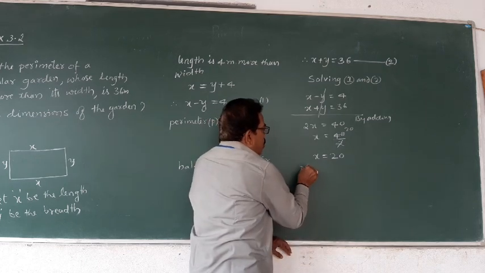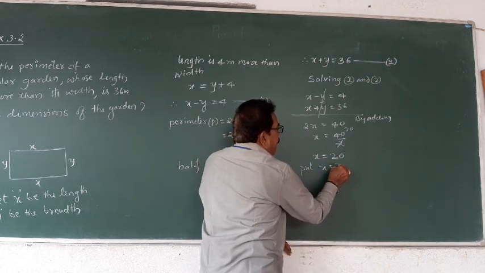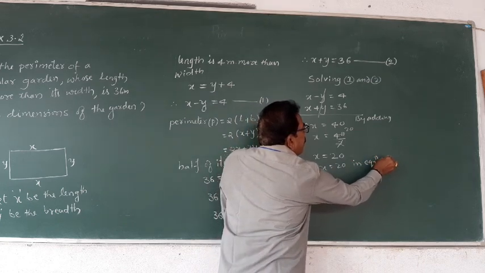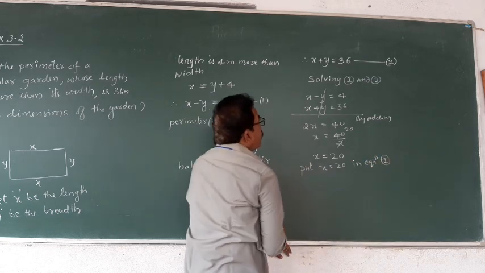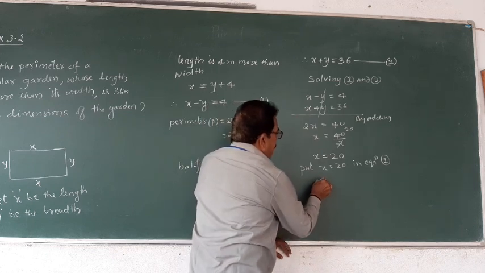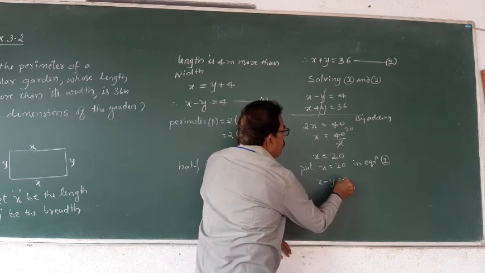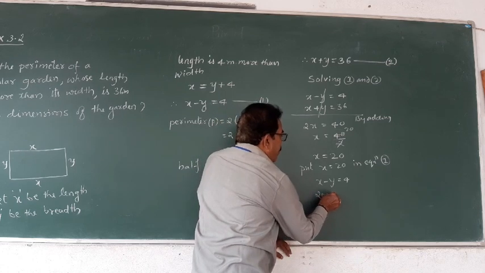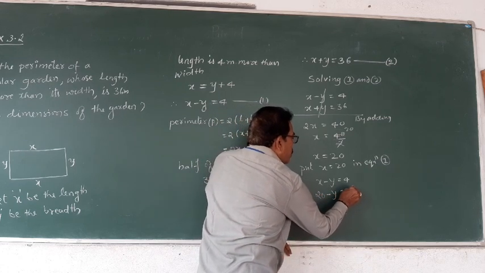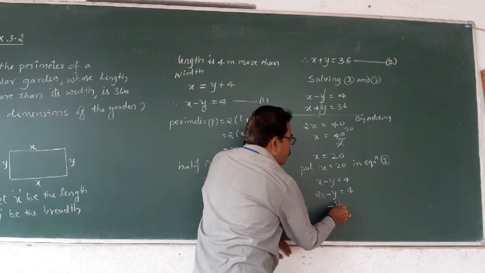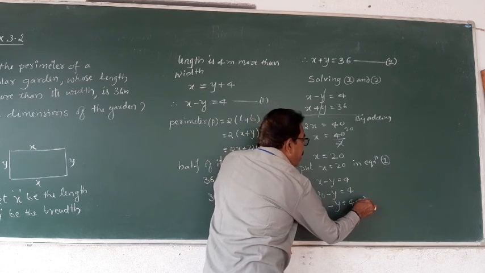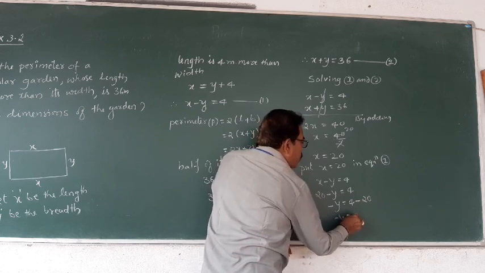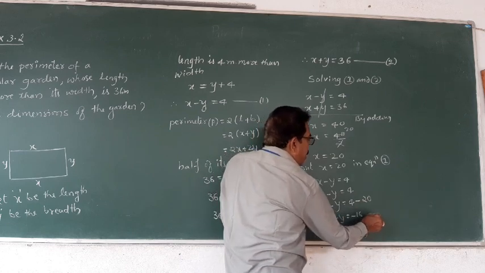Then put x equals 20 in equation 1. What is equation 1? x minus y equals 4. So 20 minus y equals 4. Minus y equals 4 minus 20. Therefore minus y equals minus 16.